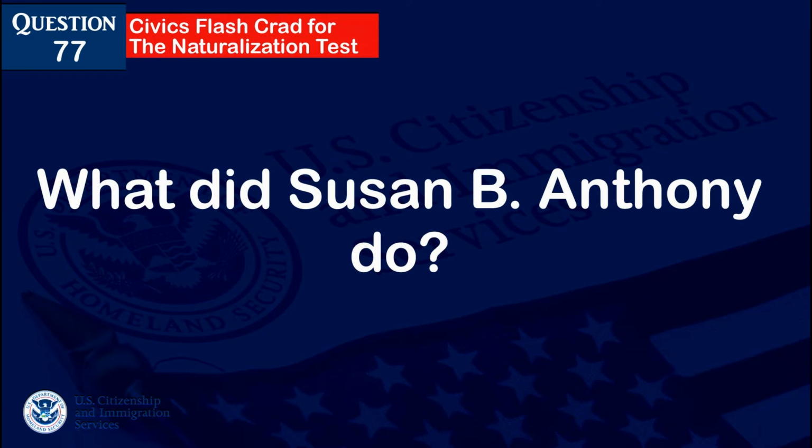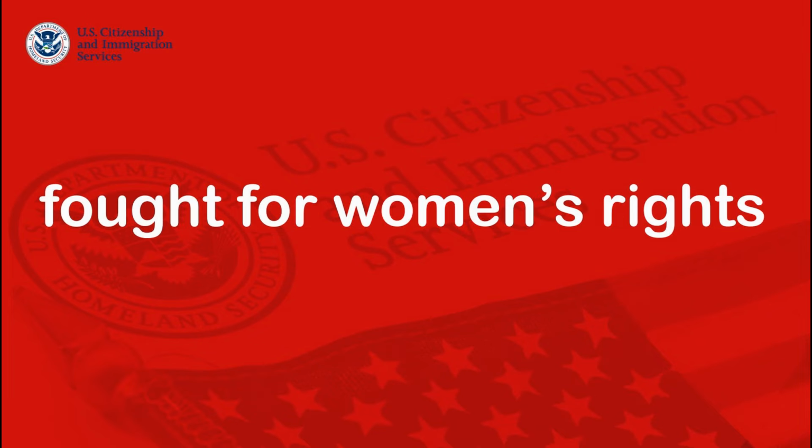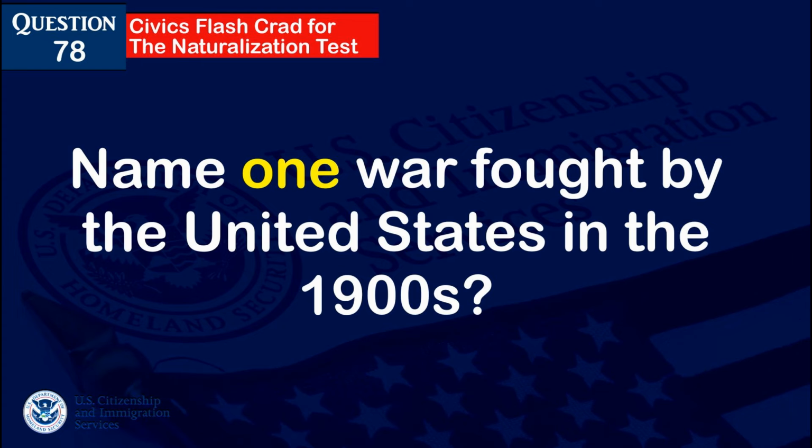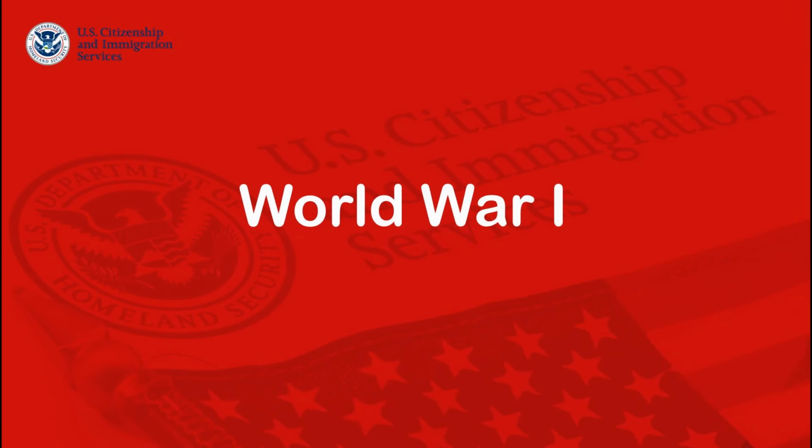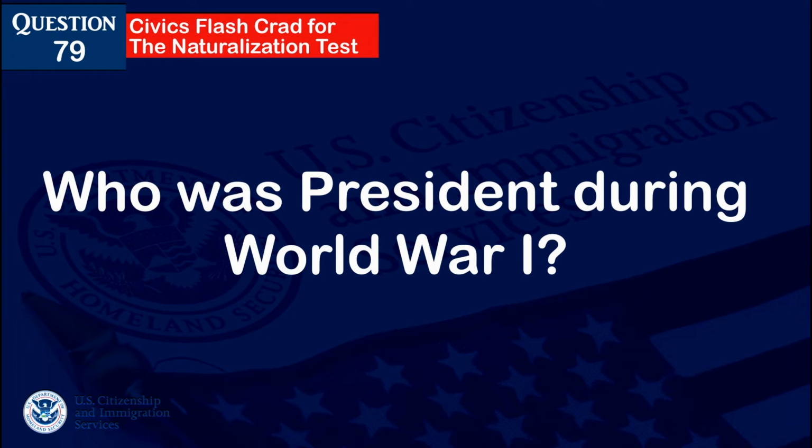What did Susan B. Anthony do? Fought for women's rights. Name one war fought by the United States in the 1900s. World War I. Who was president during World War I?